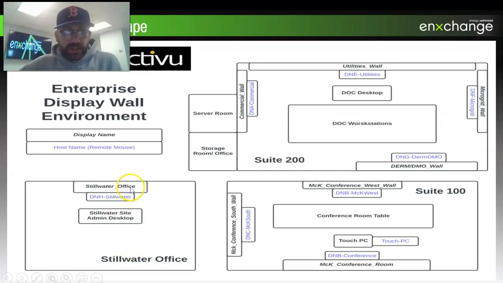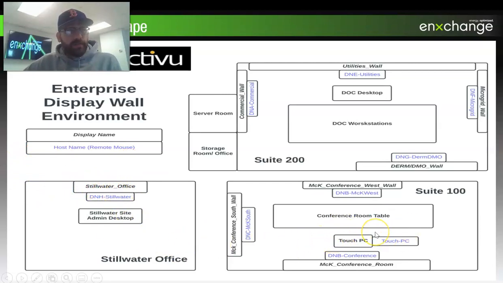What you'll notice is each one of these things in black italics is the actual display, so that's the display name, and then we have the host name. And remote mouse, I will cover whenever I do my on-site training with each of you coming up soon. So here at the Stillwater office, we just have one display node, and it's called Stillwater Office. So pretty straightforward.